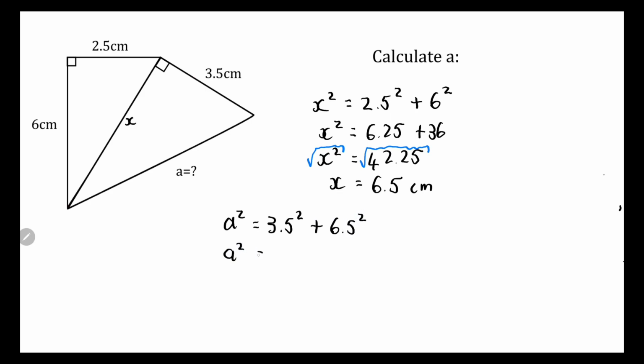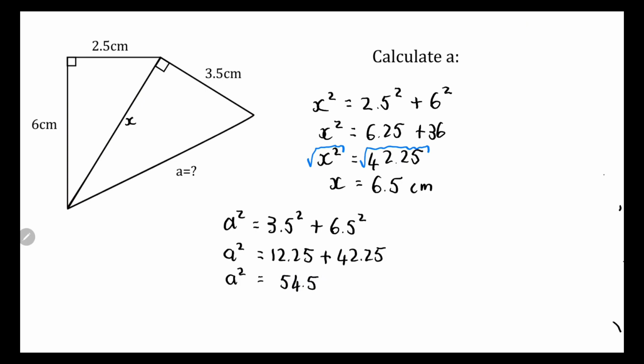Then it will be A squared equals 3.5 squared is 12.25. 6.5 squared is 42.25. 12.25 plus 42.25 is 54.5.